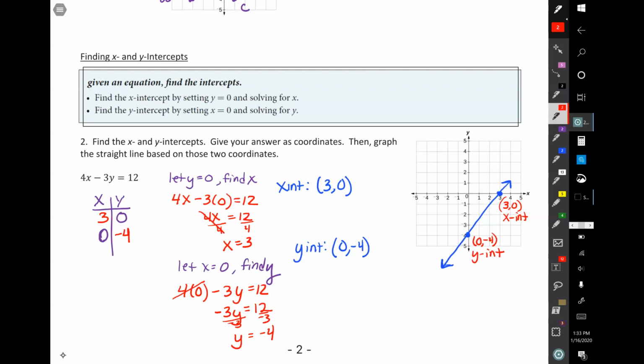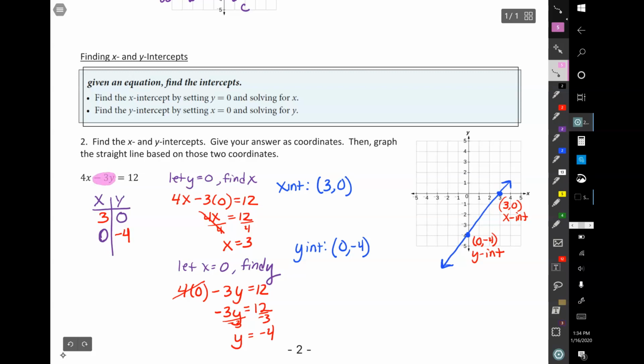One quick way you can actually do this, if you like, is to do it kind of in your head. So I call it the cover-up method, or intercept method. You might have seen this before, but if you notice that in this 4x minus 3y equals 12, the 4 and the 3 divide nicely into 12. So if I were to put 0 in for y and find the x-intercept, that kind of blocks that out.